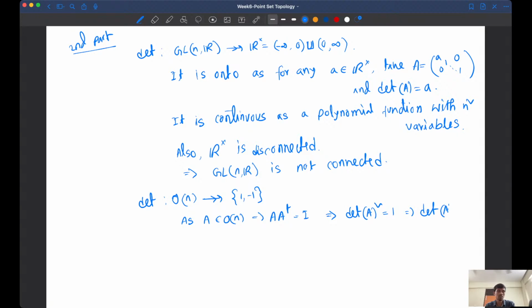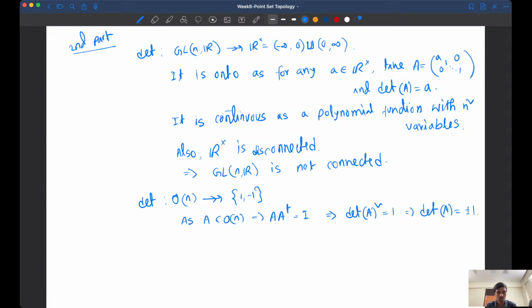So always this determinant function is first of all well defined on this set, and for any element, if I take 1, you can take identity as the inverse image, and for -1 you can take just one coordinate as -1 and the other things. So exactly the same thing will work here also, because if you replace the first coordinate by -1, then A transpose A is still identity, right? So everything makes sense.